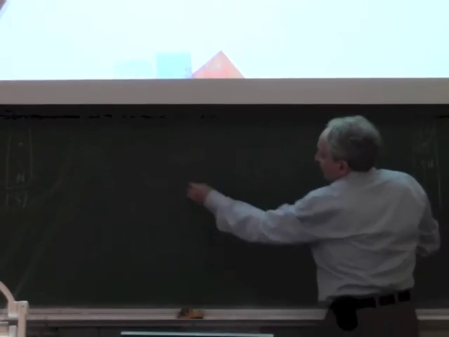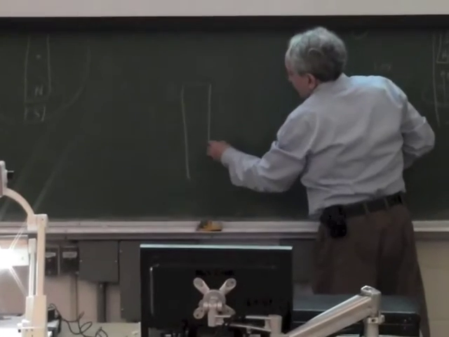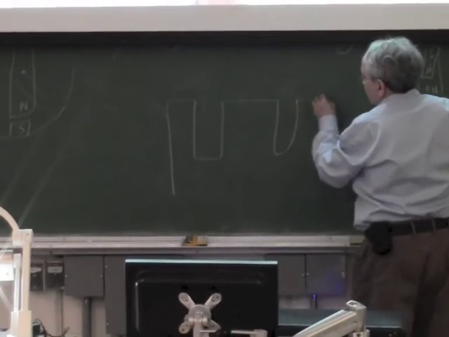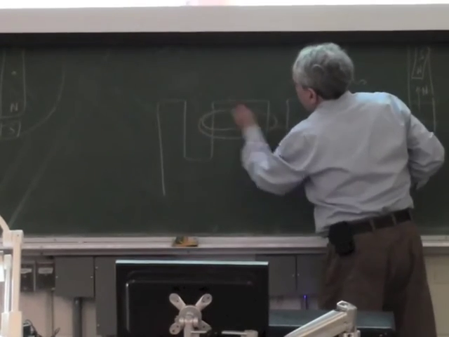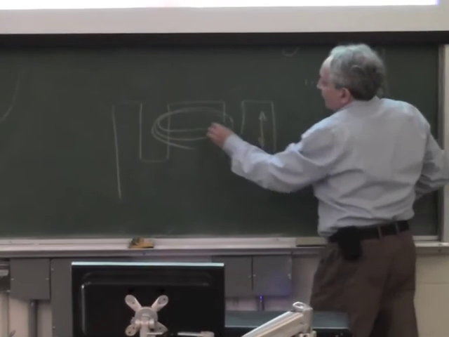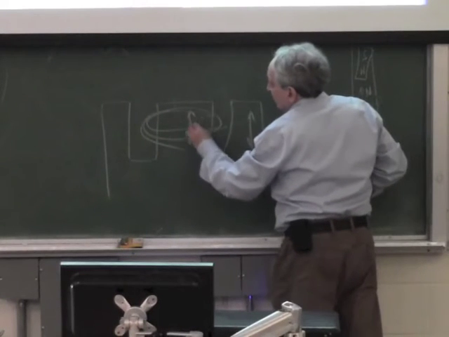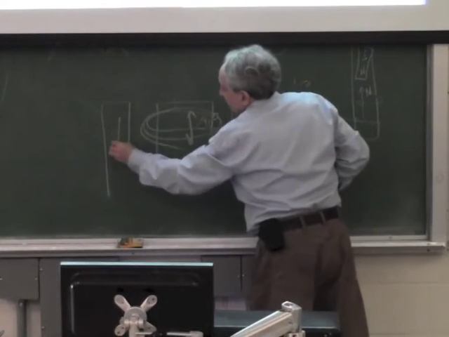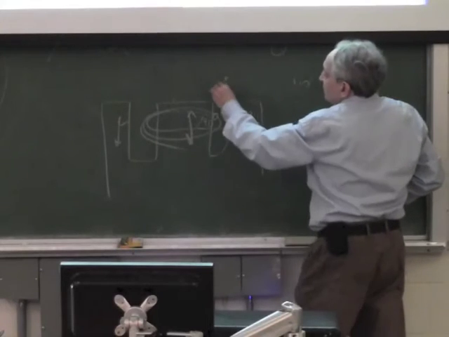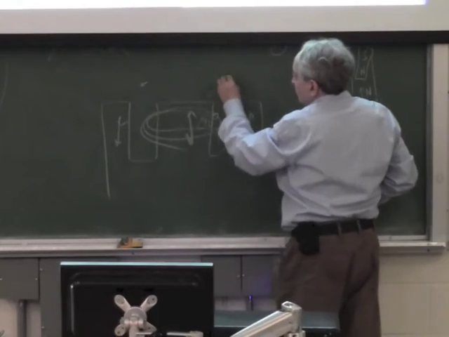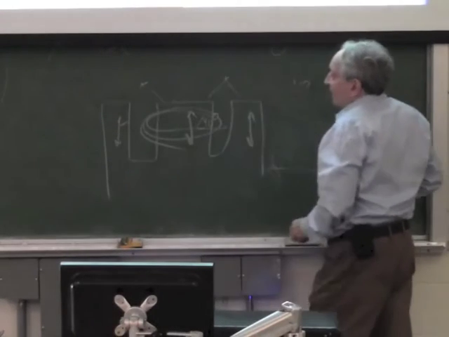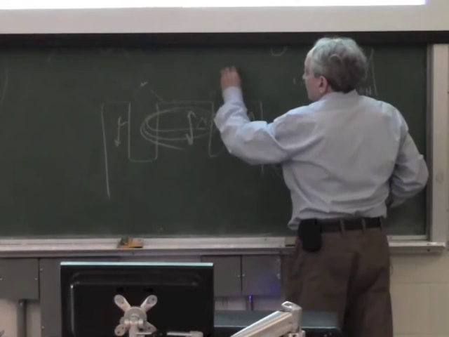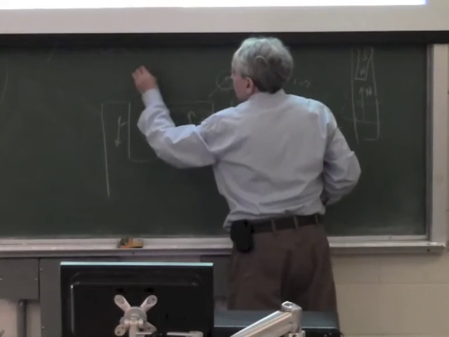If I draw again the poles with a short-circuit ring, inside here you have a linear field, here you have a linear field at 90 degrees. Here we said there are 2 points at least, which are also mechanically 90 degrees, where you have rotating fields.